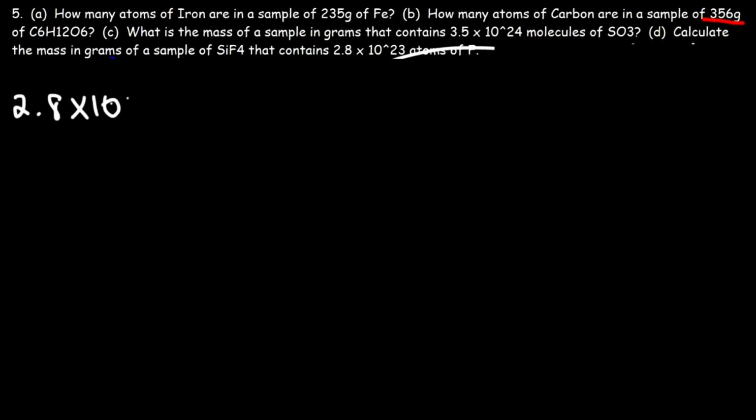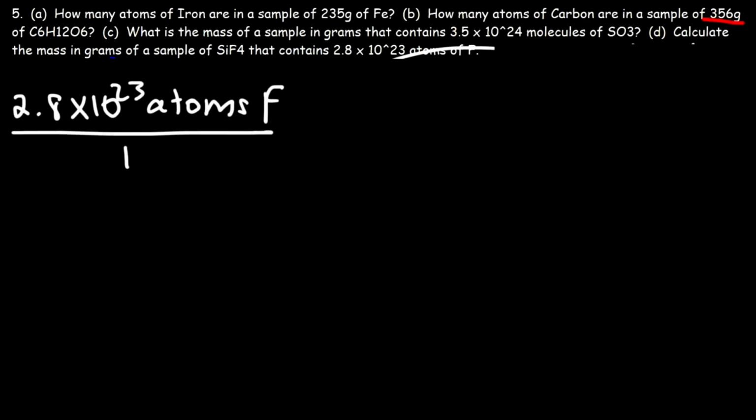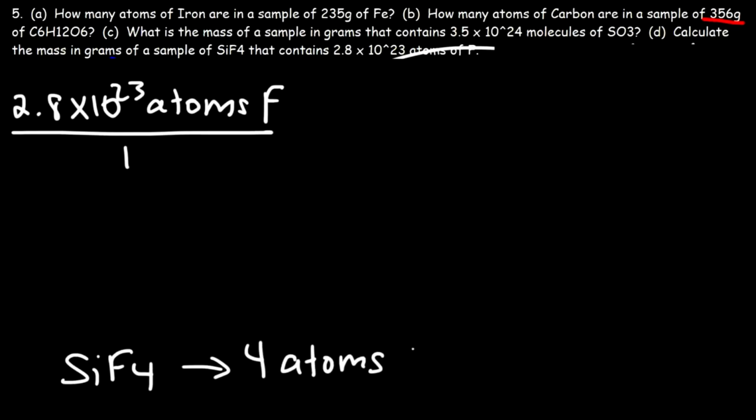2.8 times 10 to the 23 atoms of fluorine. Now, in silicon tetrafluoride, we can say that there's 4 atoms of fluorine for every 1 molecule of silicon tetrafluoride.